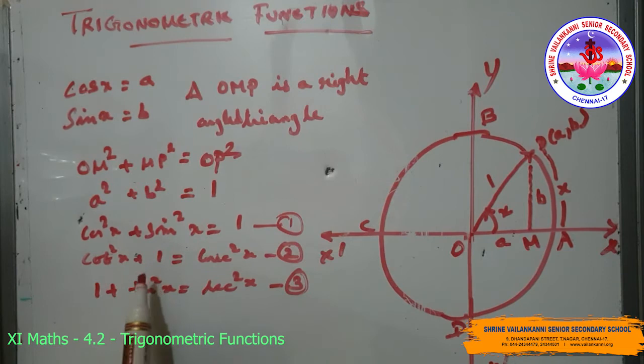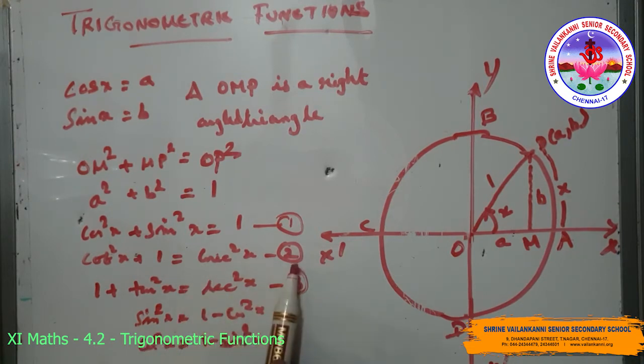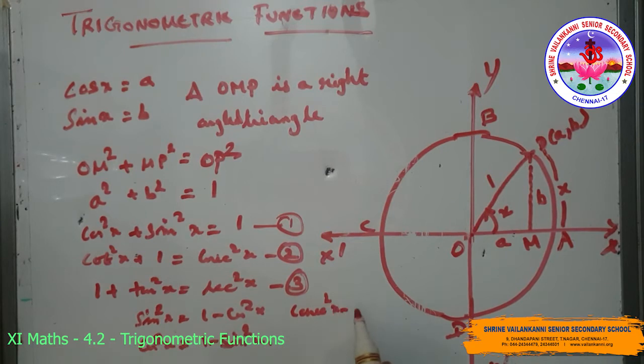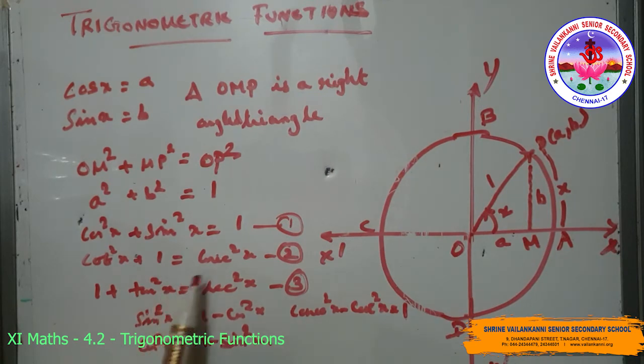From the first identity we can write sin square x as 1 minus cos square x, and cos square x as 1 minus sin square x. From the second identity we can write cosecant square x minus cot square x equal to 1, and cosecant square x minus 1 equal to cot square x.